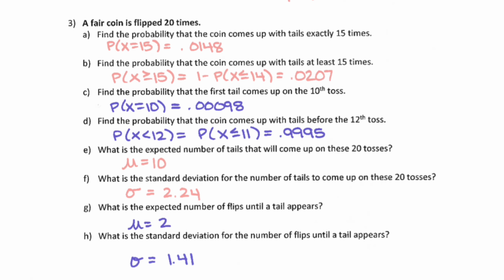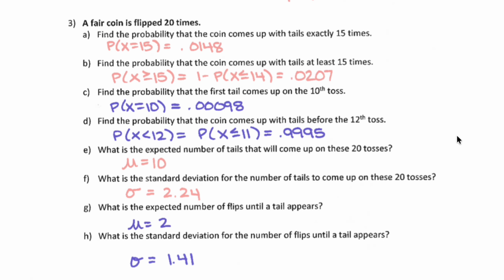Okay, question 3. A fair coin is flipped 20 times. Part A. Exactly 15 tails out of 20. This is a binomial, so you're going to go to your calculator, type binomial PDF, get 0.0148. Part B. At least 15. Use 1 minus probability of x less than or equal to 14 gives you 0.0207.